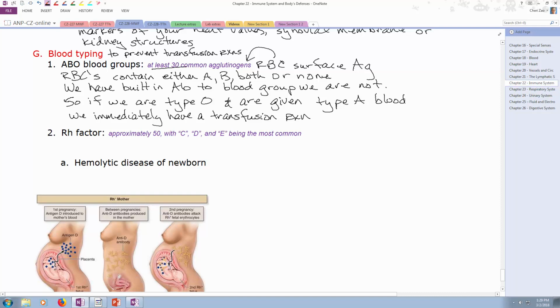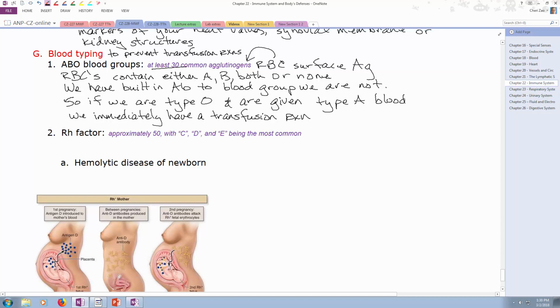And so what that means, if we're type O and we are given type A blood, we have antibodies floating around in our bloodstream to A and B.